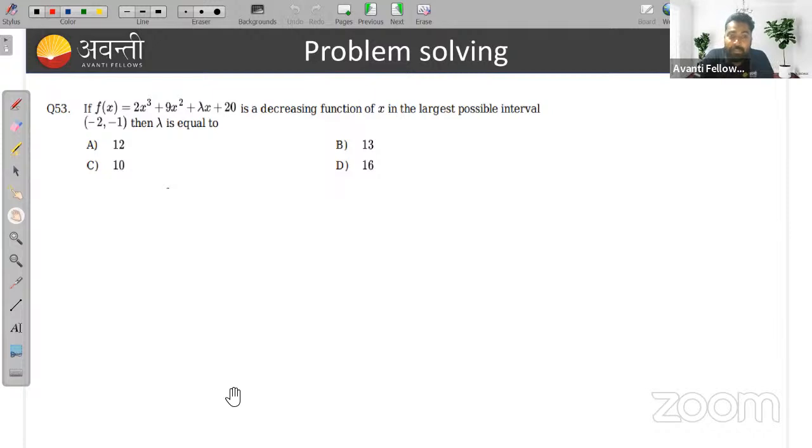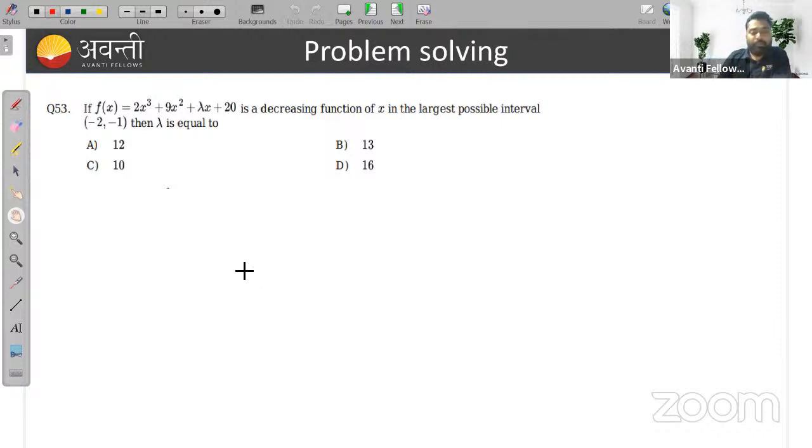That will be the largest possible interval. Then you need to find the value of lambda. It's simple. Okay, let's solve.